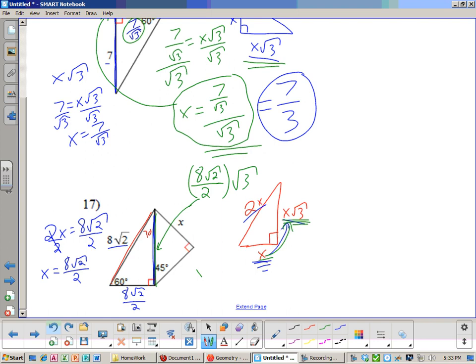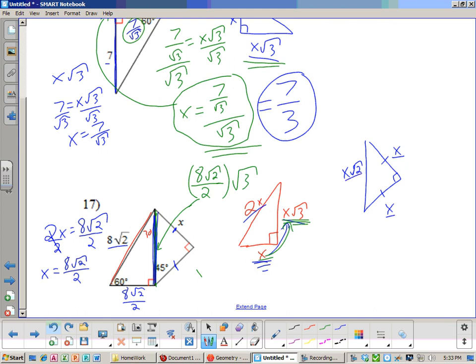The last step is that we have a 45, 45, 90 triangle, and we're going to figure out these other two sides. Since I have the hypotenuse, I want to figure out these two sides. This is x, that's x, this is x square root of 2, right? And if I want to figure out these, I simply have to divide by the square root of 2.